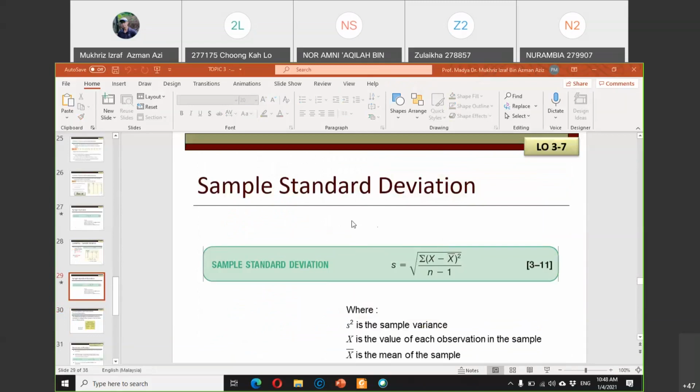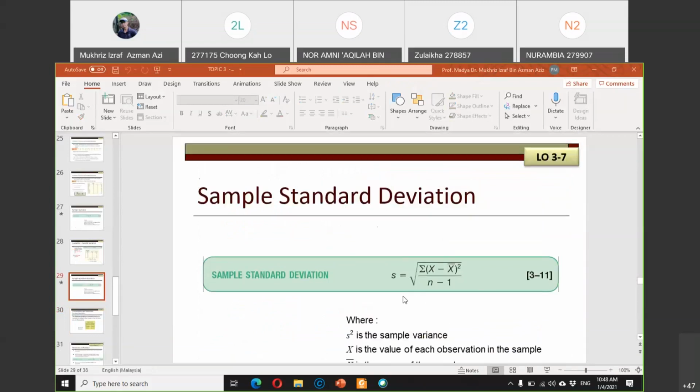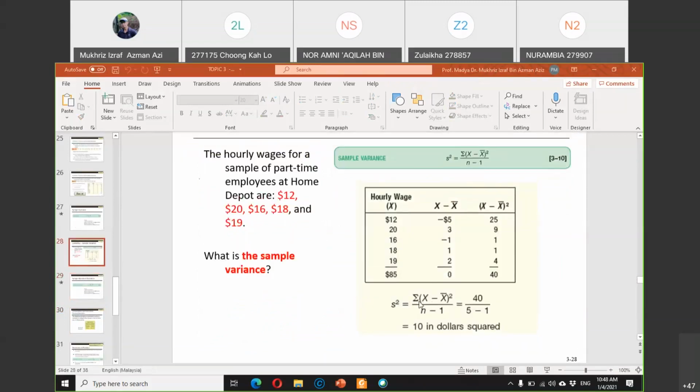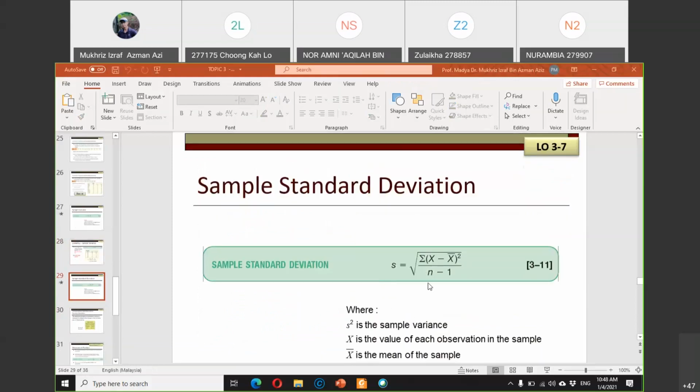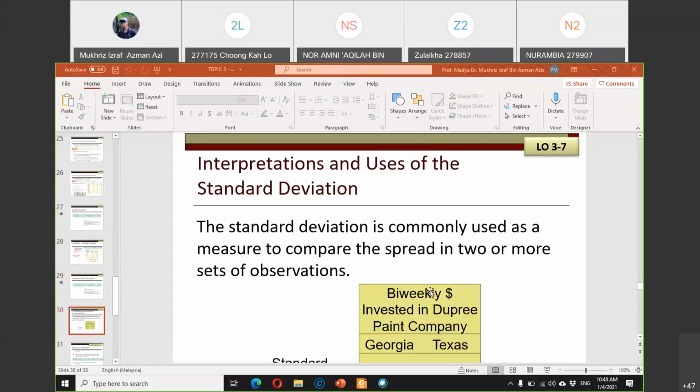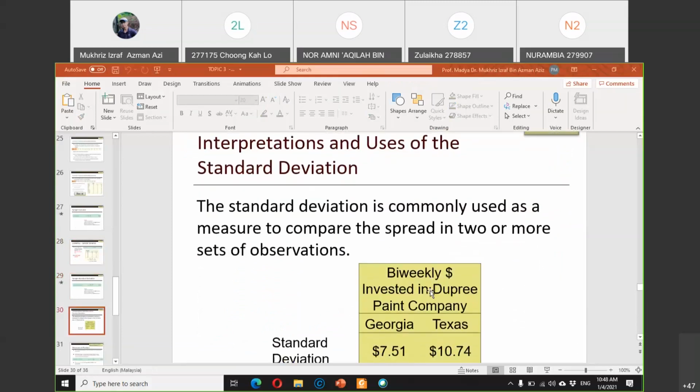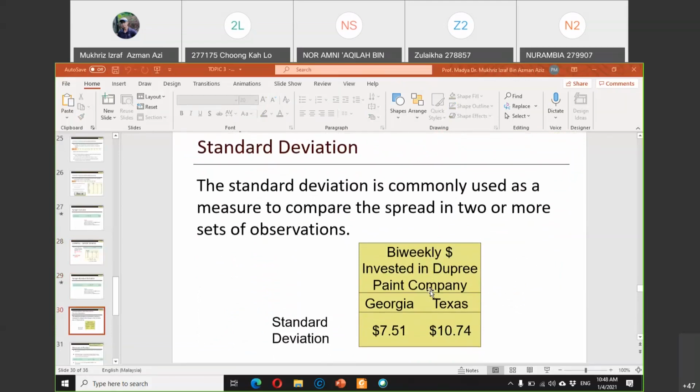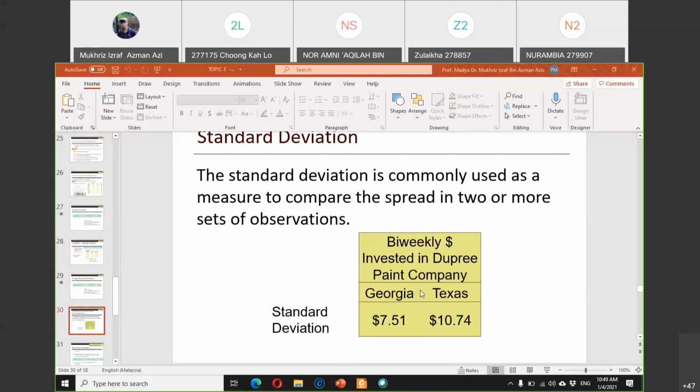Okay, so here is just what I mentioned just now. The example only gives you the variance, so you take the square root and you will get the value for the standard deviation. That is basically how you calculate the variance for both population and sample.